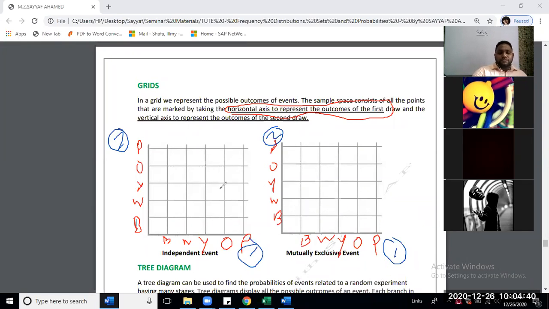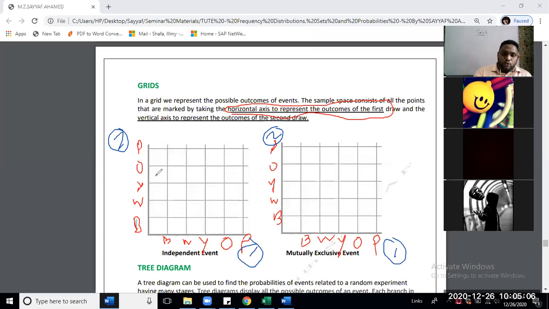So let's say out of these five balls, I'm giving two scenarios. One scenario is where I pick a ball, mark the color and put it into the same box again. That means the same ball can come out in the second event as well. Let's say the red color or the blue color came first, that can come again.